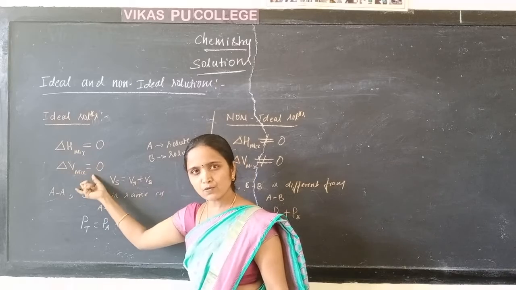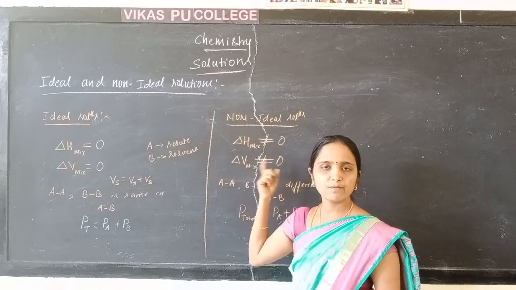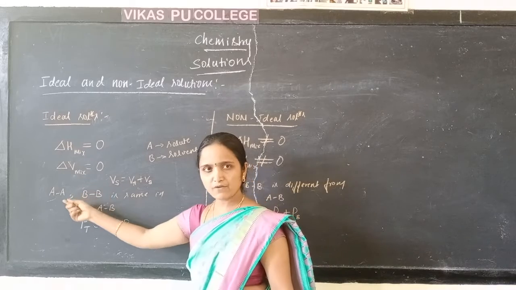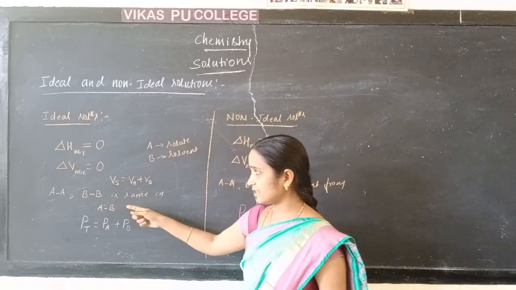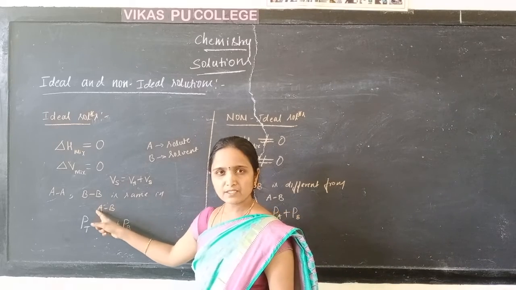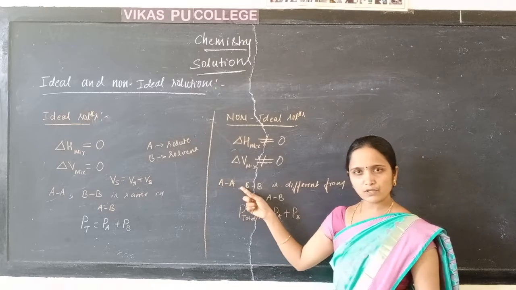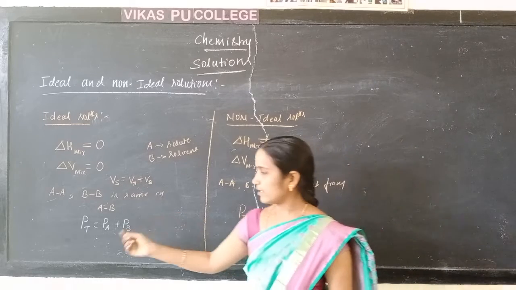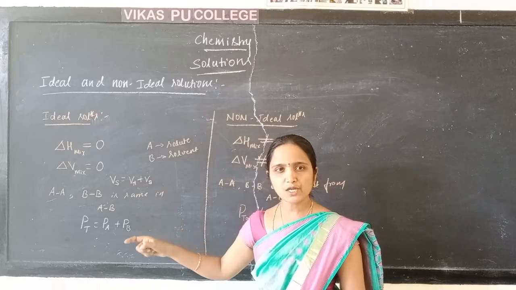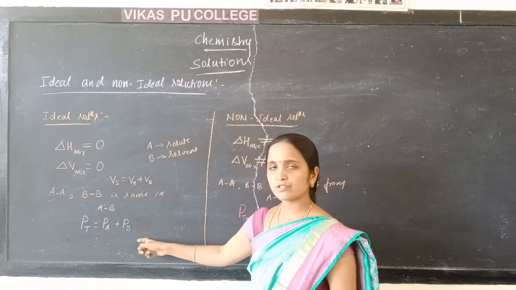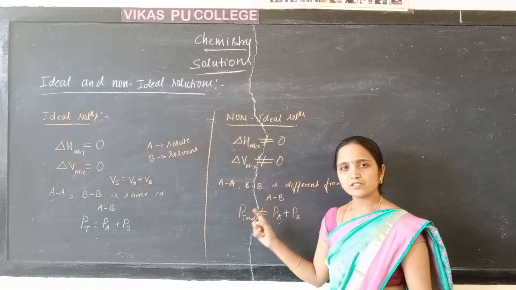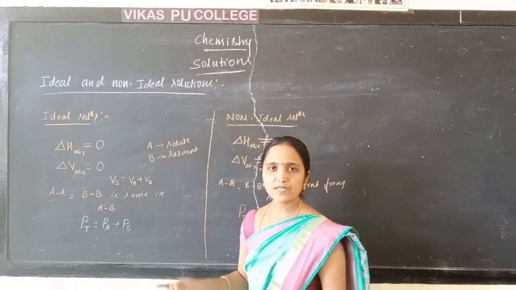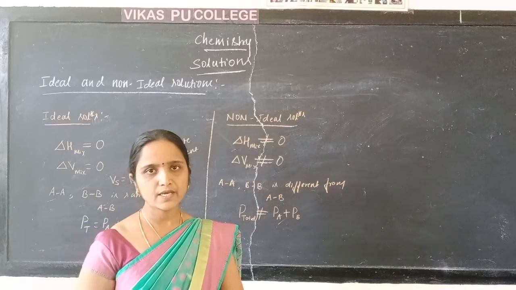In the ideal the change in the volume is equal to 0; in the non-ideal it is not equal to 0, it may decrease or increase. In the ideal the solute-solute and solvent-solvent interactions are the same as the solute-solvent interaction; in the non-ideal they are different. In the ideal the total pressure is equal to the sum of the partial pressures of the solute and the solvent; in the non-ideal it is not equal. This is about the differences between the ideal and the non-ideal solutions.